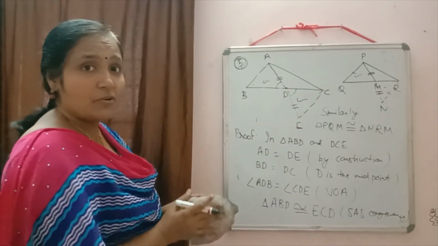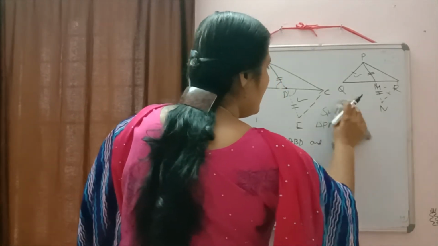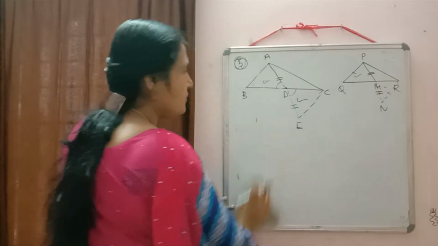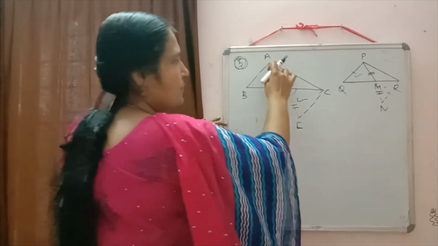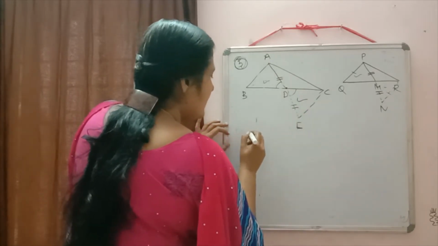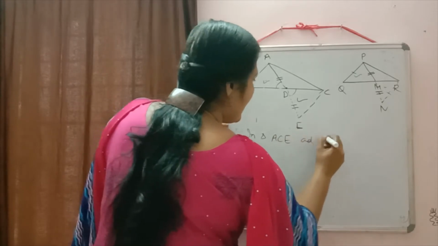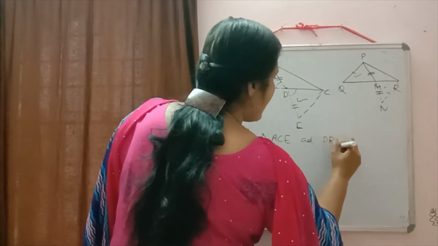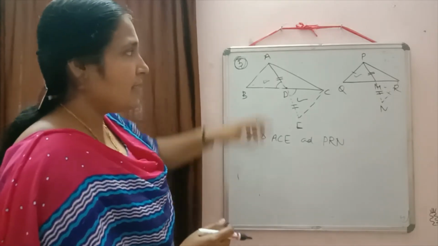Our proof is not over. We have to prove angle A is equal to angle P. Now we will check how we can use this. Now what am I going to do? I am going to prove that in triangle ACE and triangle PRN, they are similar to each other. Which one?